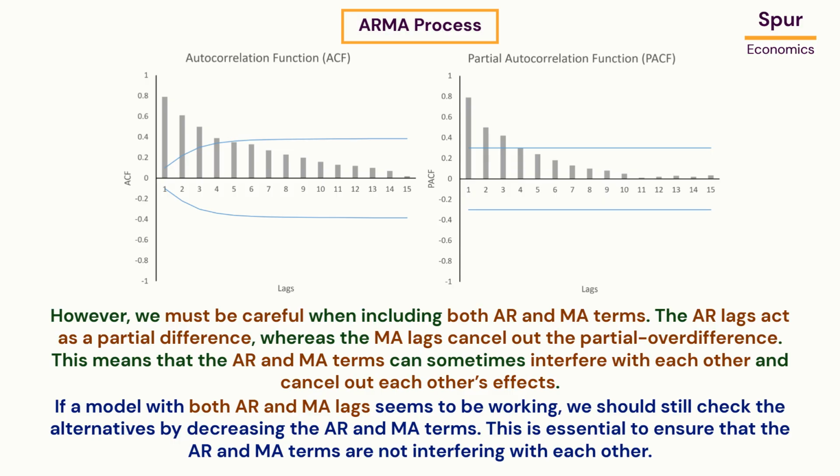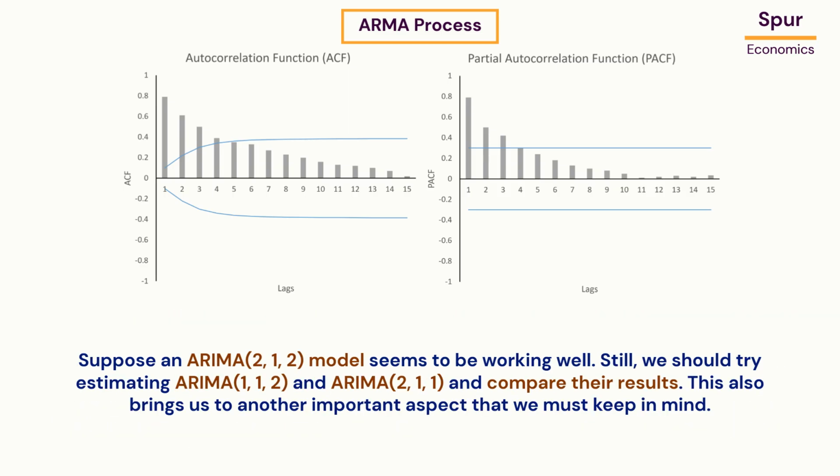This is essential to ensure that the AR and MA terms are not interfering with each other. Suppose an ARIMA 2-1-2 model seems to be working well. Still, we should try estimating ARIMA 1-1-2 and ARIMA 2-1-1 and compare their results.